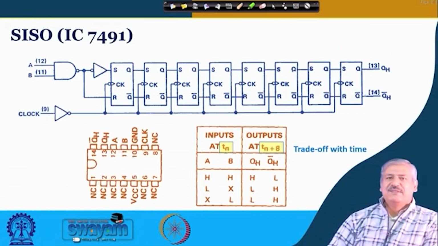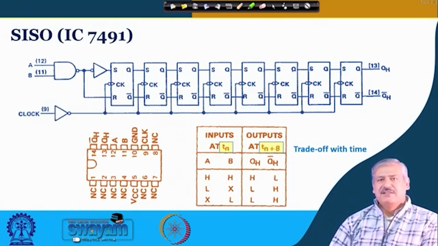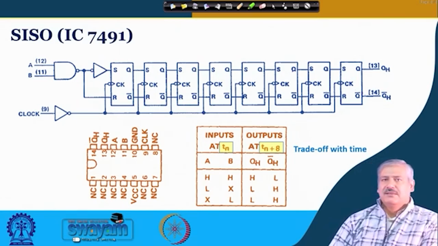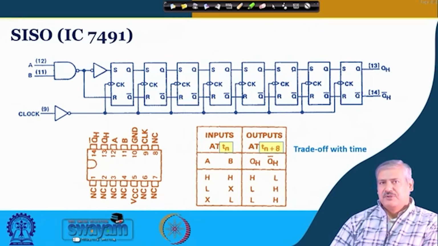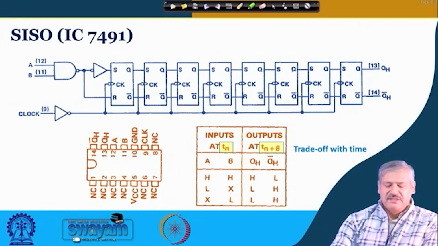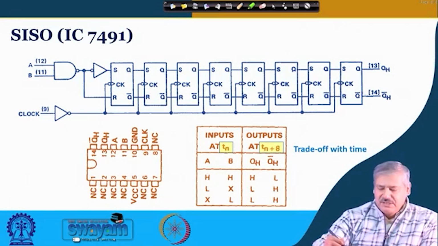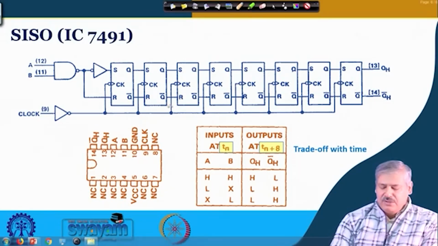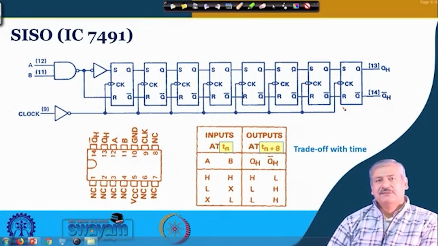Next is the other extreme. We shall look at SIPO and PISO also in subsequent classes. So, SISO is another practical circuit which is put into use through IC 7491, which we discuss here. In this, you see 1, 2, 3, 4, 5, 6, 7, 8 bits of information that you can store.